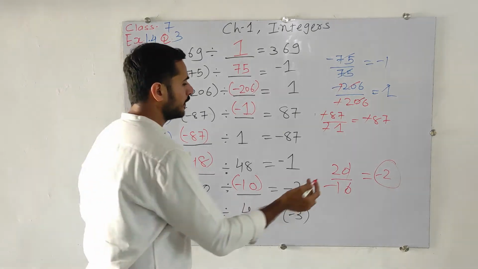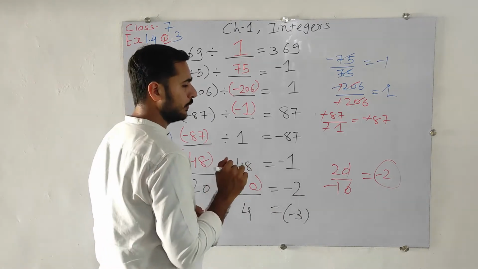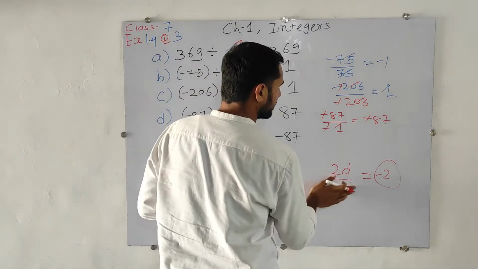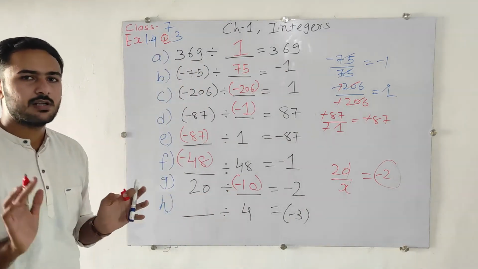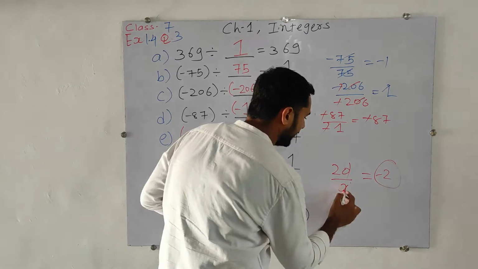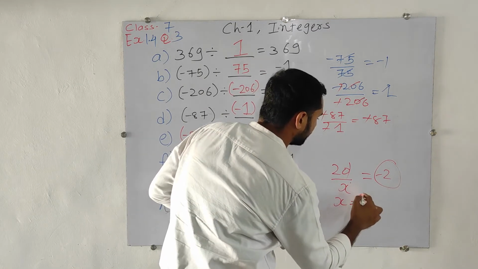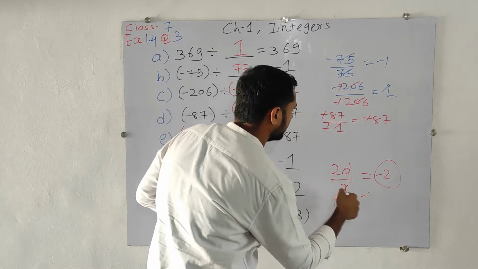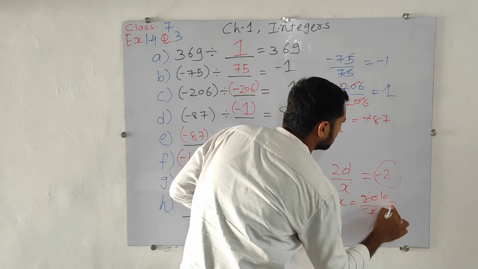For the same question, 20 divided by something is minus 2, we don't know which number it is, so write x over there. This is for higher classes, but for understanding I am showing you. Then x can be written as 20 divided by minus 2, and the answer is minus 10.